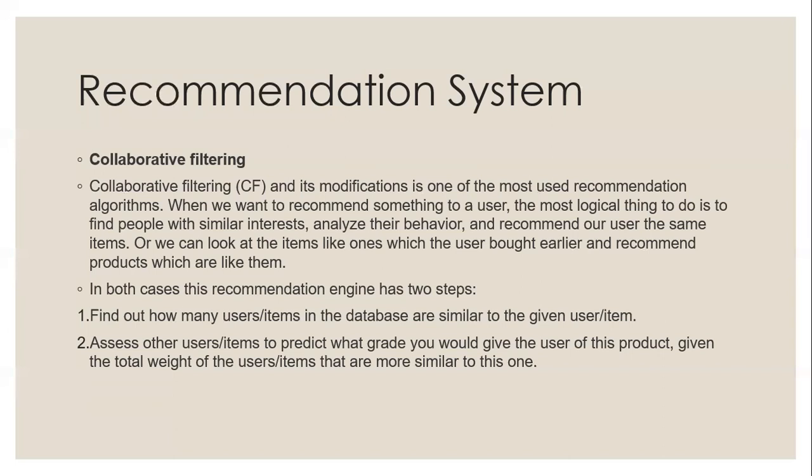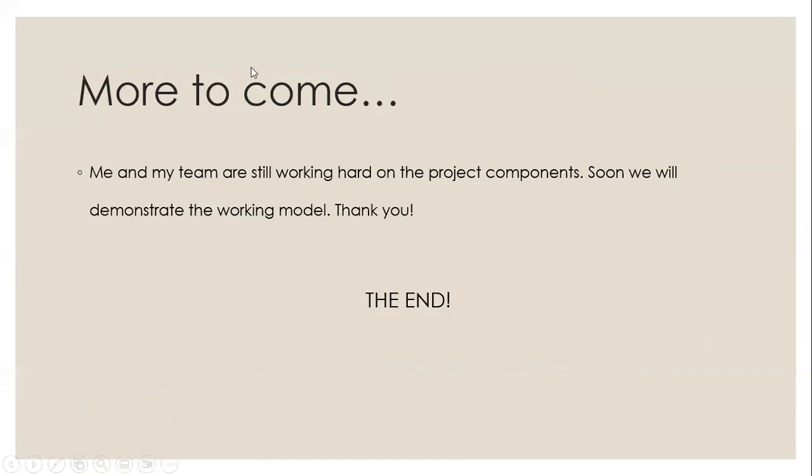In both cases, this recommendation engine has two steps. Find out how many users or items in the database are similar to the given user or item. Assess other users or items to predict what grade the user would give this product given the total weight of the users or items that are more similar to this one.